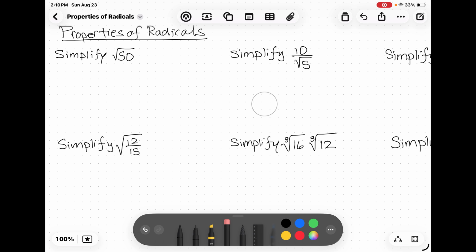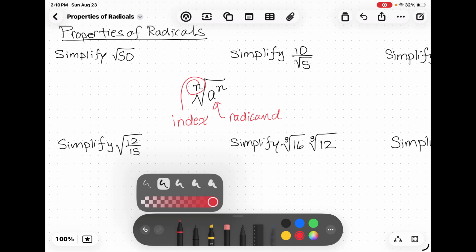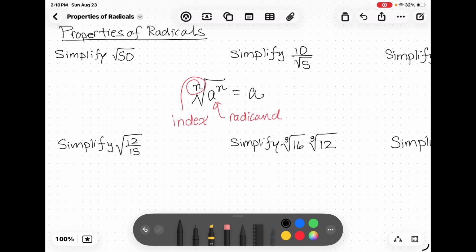And then finally, just going back to the fundamental definition of radical, which is that if I've got an nth power, and this n is called the index, then if it matches the power on the radicand, which is the part that is under the radical, then we can simplify it like so.